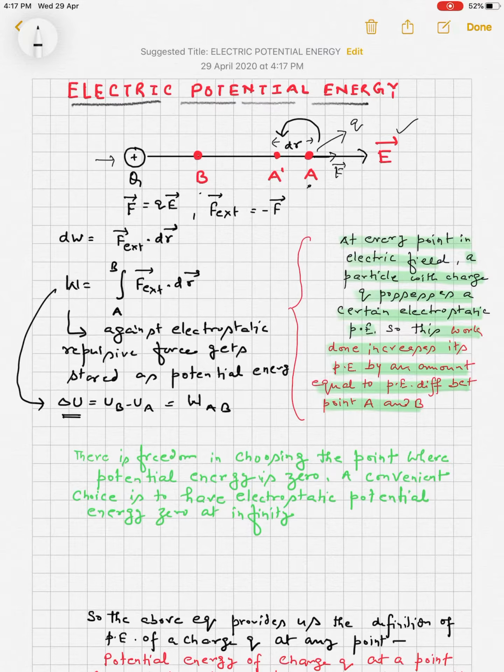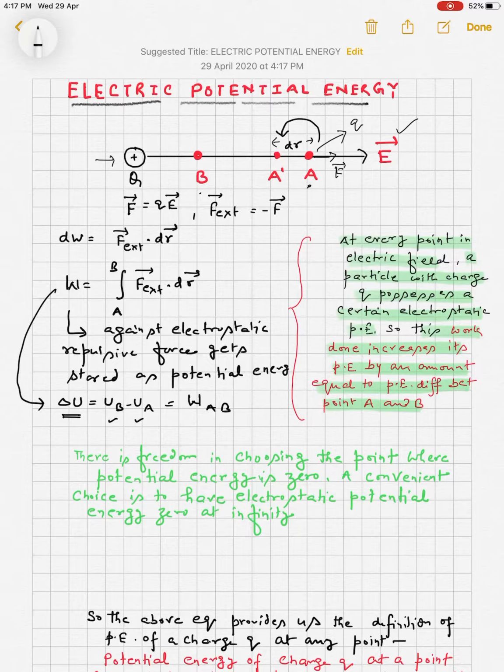Also, as is clear from this equation, the work done in moving a charged particle from point A to point B depends only on the initial and final position. So the force by which the work is being done is a conservative force.